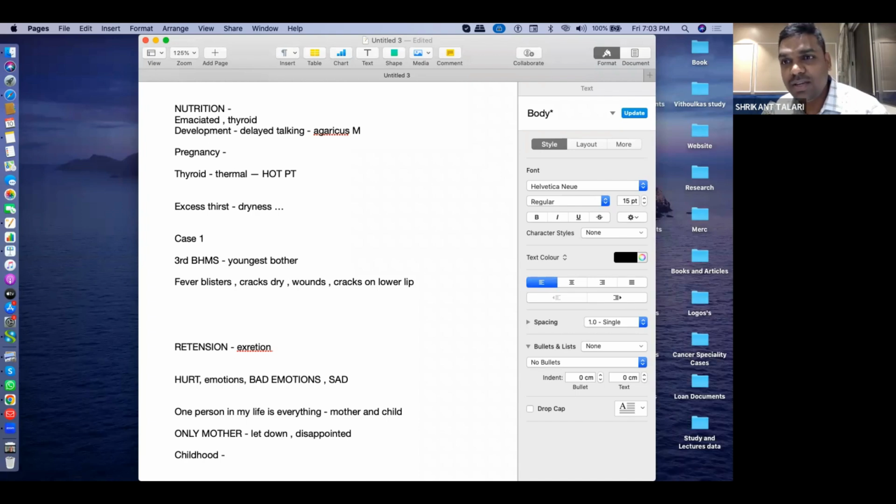And they will always feel that, if they have a fight with their boyfriend or their husband or somebody, a male person also can be Natrum. So they will either feel my boyfriend or my girlfriend is leaving me because I'm not as good looking, I'm not as smart.